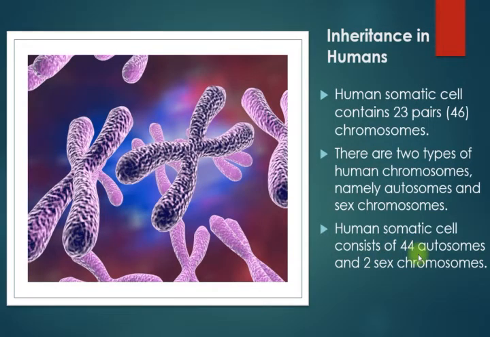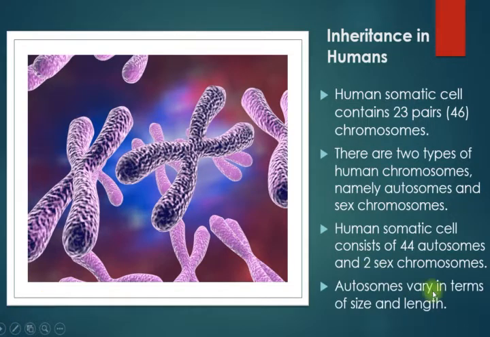You have to remember that our somatic cell contains 46 chromosomes, which are 23 pairs. 44 of them are autosomes and 2 of them are sex chromosomes. That is referred to as the human somatic cell.